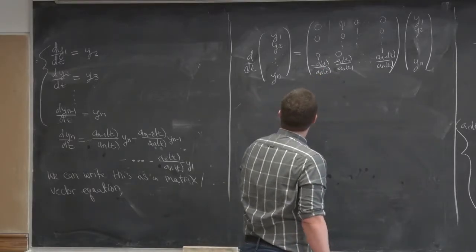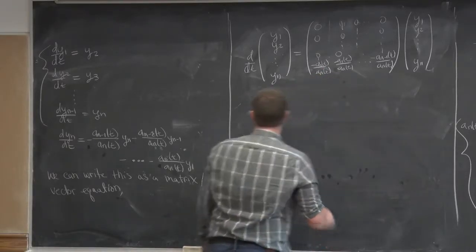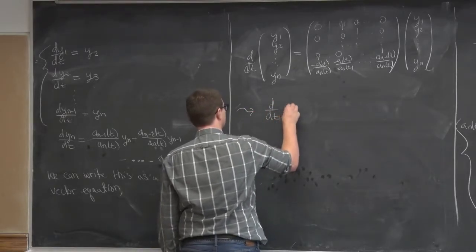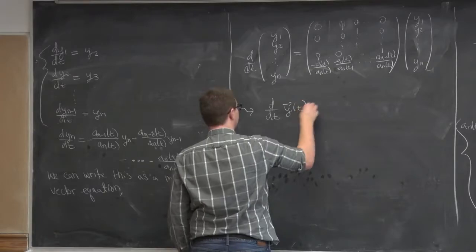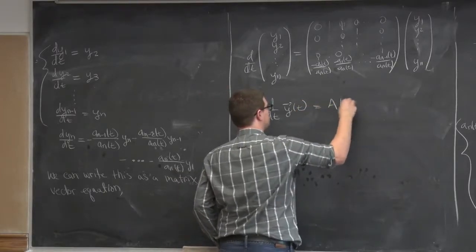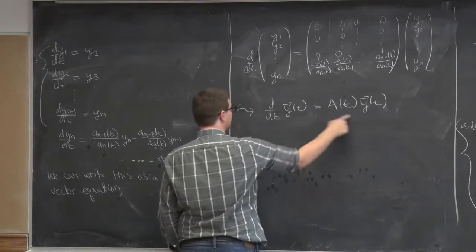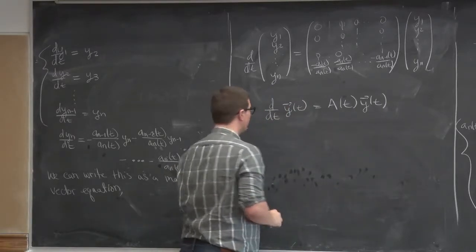So you have this. So now this gives us our differential equation. d/dt of y(t), this is a vector, is equal to A(t) y(t). And so now this is a first order thing in many variables. Okay?